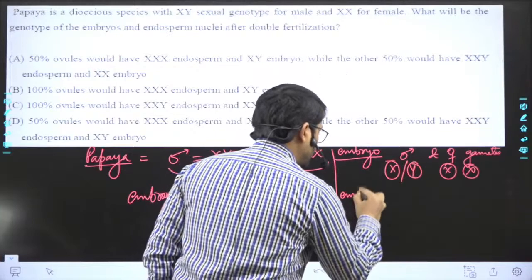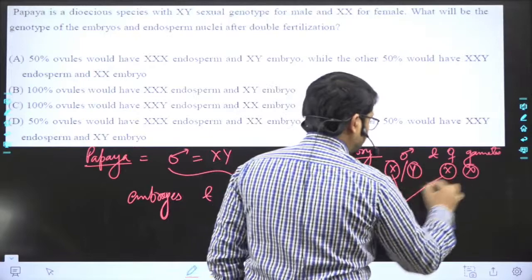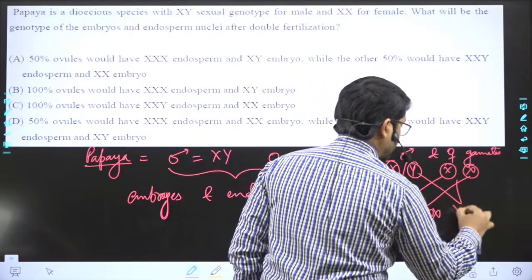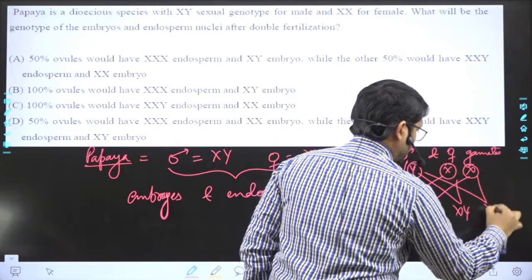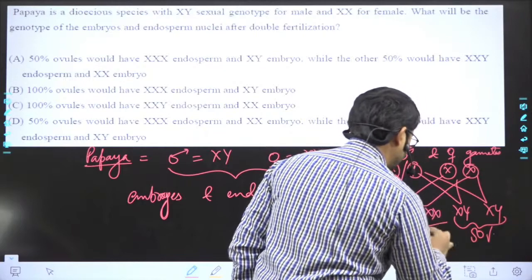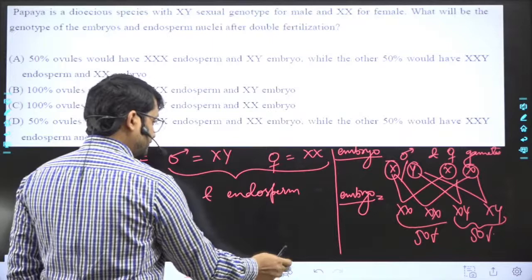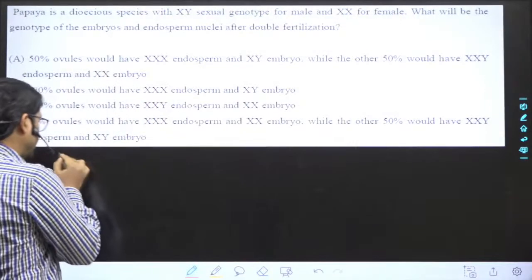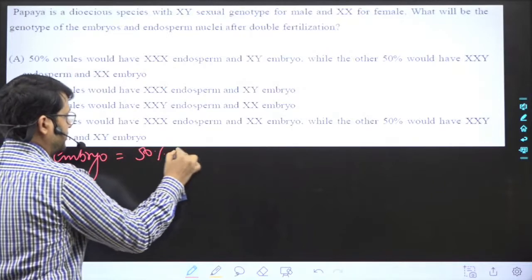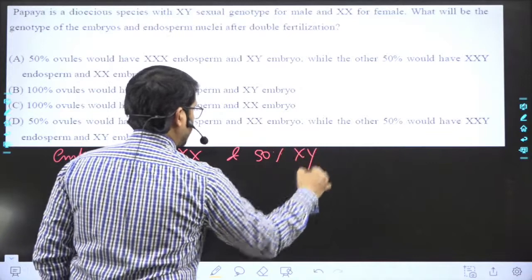तो जो embryos हैं वो क्या हो सकते हैं? Embryo could be XX or XY. That is 50% XY and 50% XX. Correct? So when we are talking of embryo, 50% XX and 50% XY.